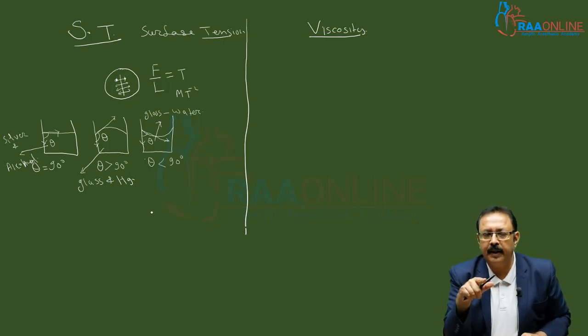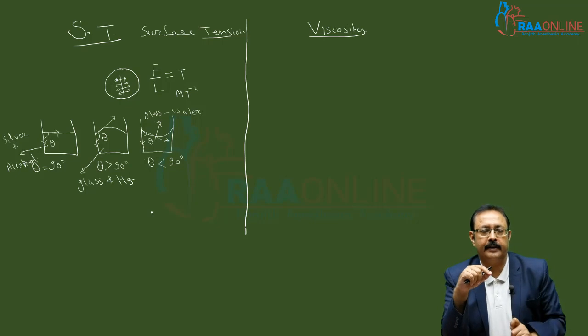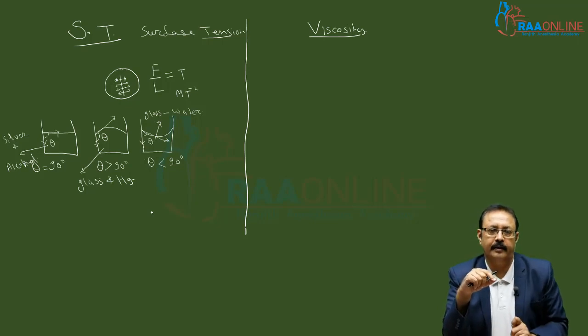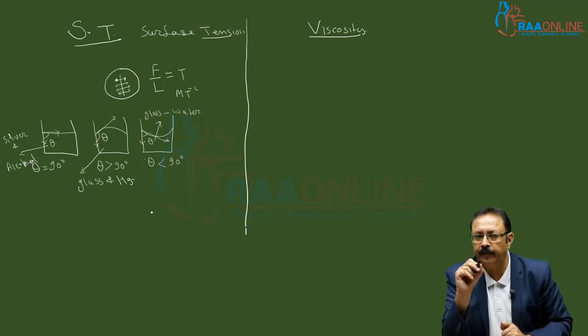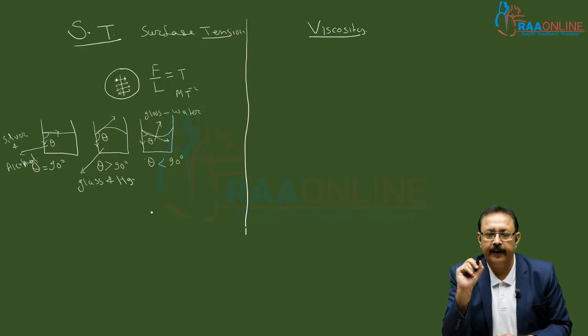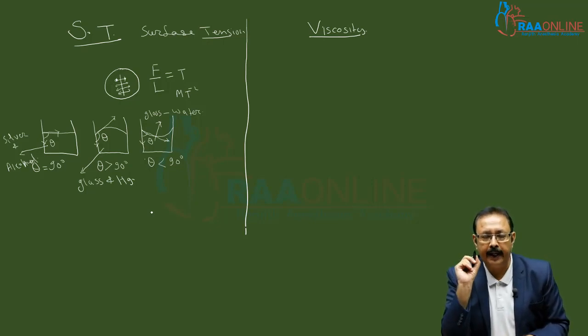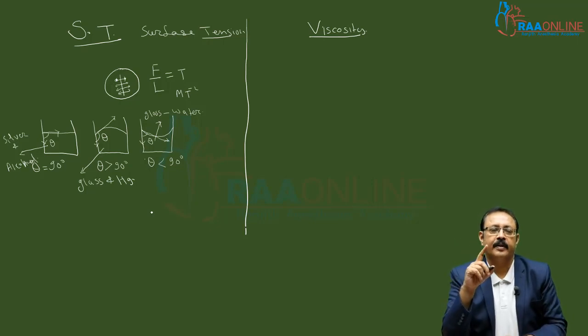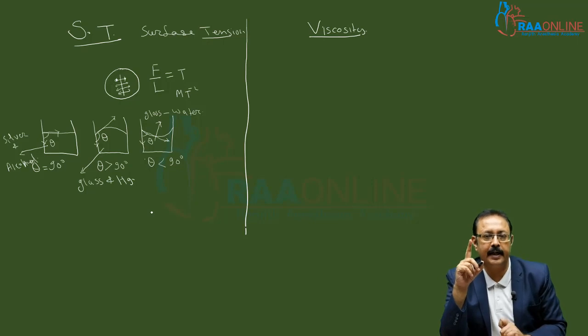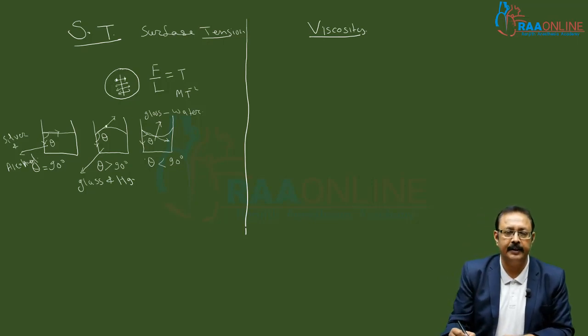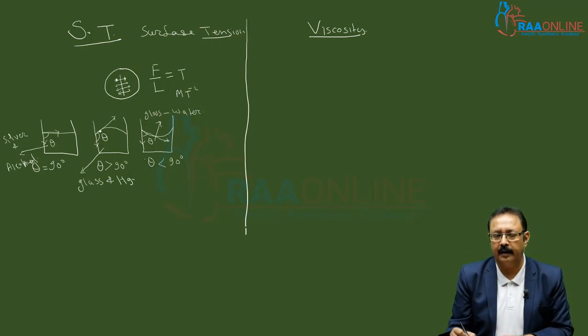So you can learn by this. If the angle of contact is an obtuse angle, then that liquid cannot wet that surface. If for a liquid-solid pair, the angle of contact is an acute angle, that liquid will wet that surface, because in that case cohesive forces are less than adhesive forces. In this case, adhesive forces are less than cohesive forces. In this case, they are equal.